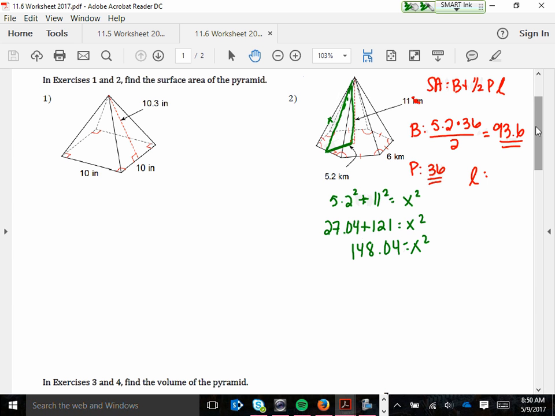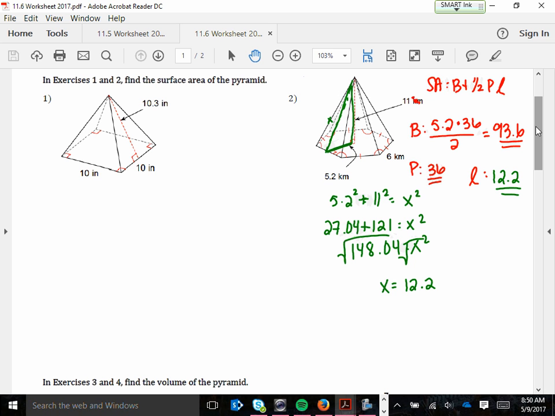I hope you're following so far. Square root that, and I'm getting, it's rounded, so about 12.2. If you round correctly, that's your slant height. Okay, that's the only one you have to do Pythagorean theorem on. The rest of them you don't have to.